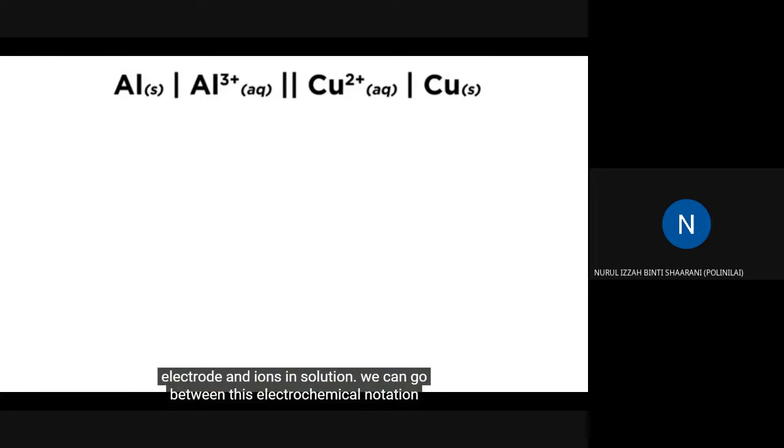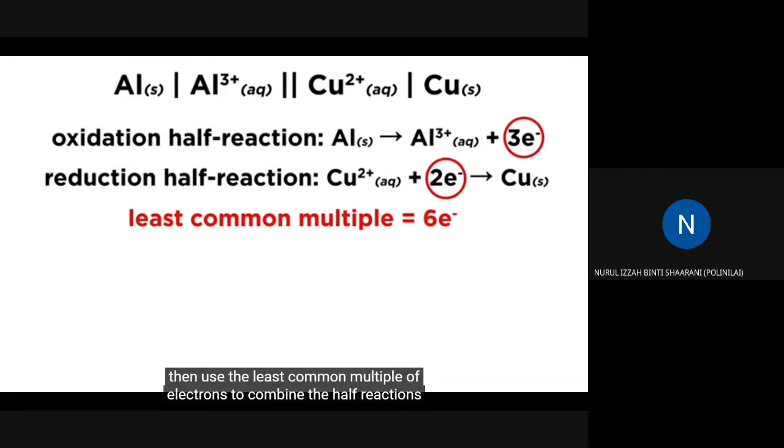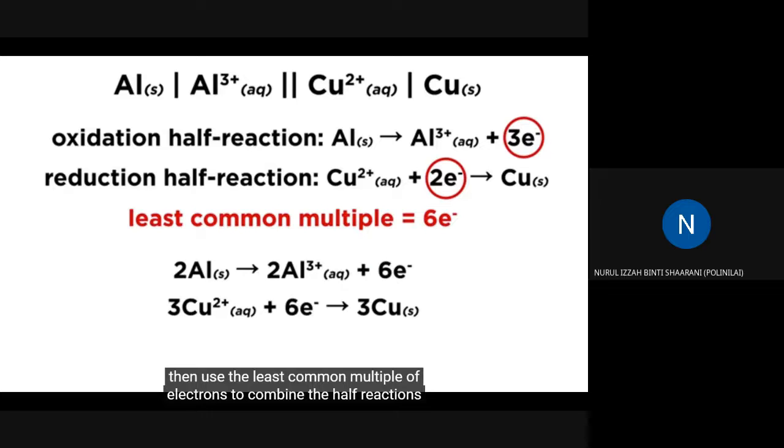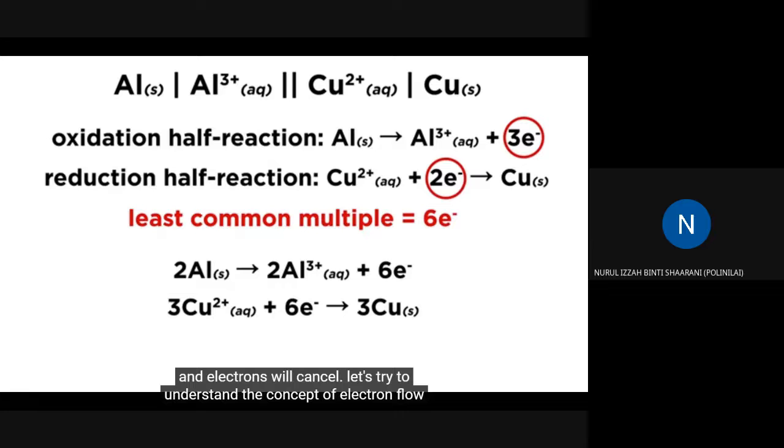We can go between this electrochemical notation and the balanced cell reaction by just including the number of electrons involved in each half reaction. Then use the least common multiple of electrons to combine the half reactions into the cell reaction, and electrons will cancel.